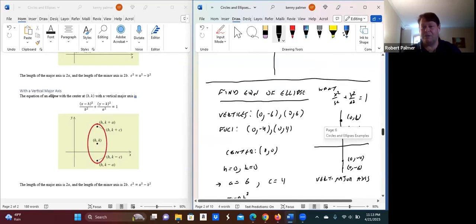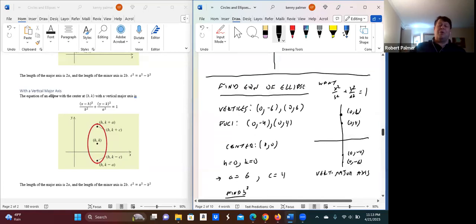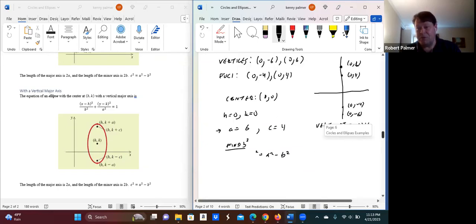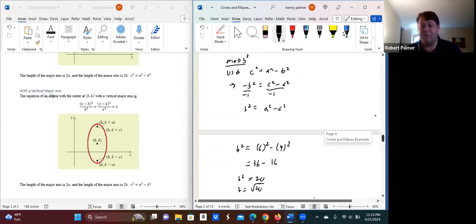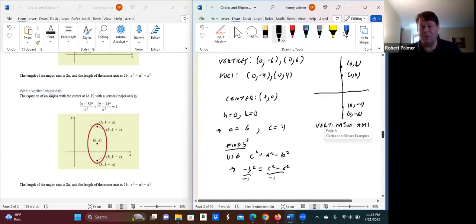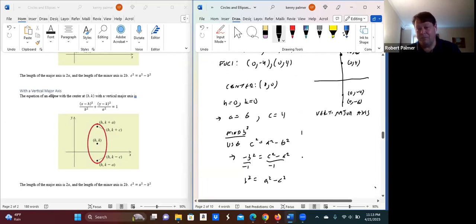Okay, with that information, we can actually go backwards and find out what our equation is if we know that information, and other things you'd be given. Let's say a few more things about this as well. Our major axis is going to be 2 times 6, which is a length of 12.